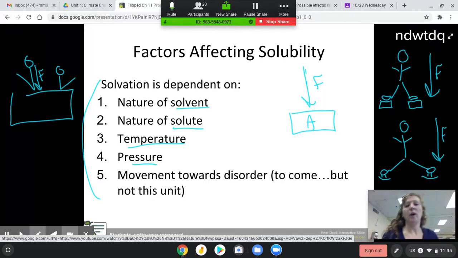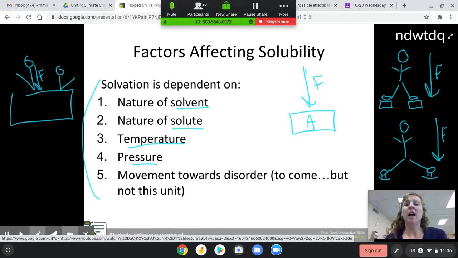So if you have something inside a glass that's at room temperature and the molecules are hitting the sides of the glass 1,000,000 times a minute, and then you heat it up in the microwave and the molecules start hitting the sides of the glass like 9 billion times a minute, well, that amount of pressure has changed inside the glass and you're going to break the glass.